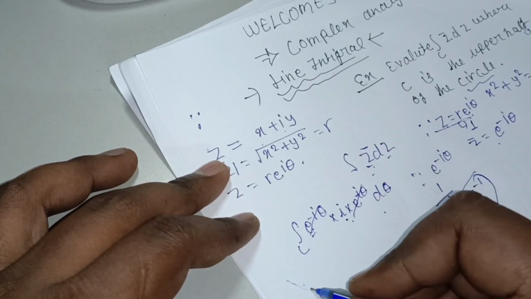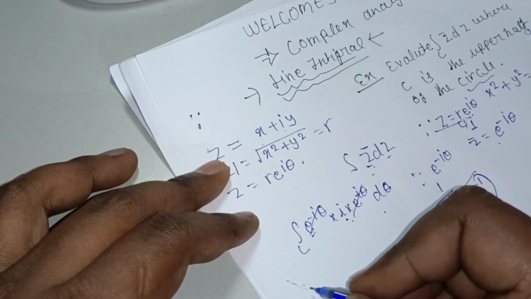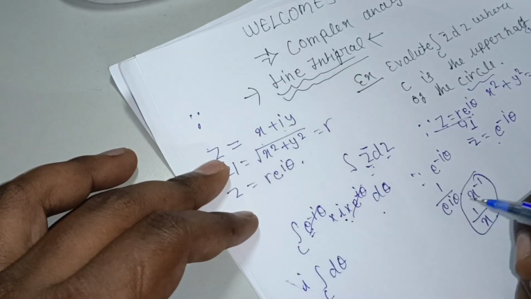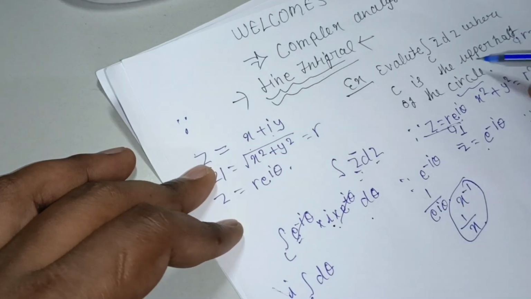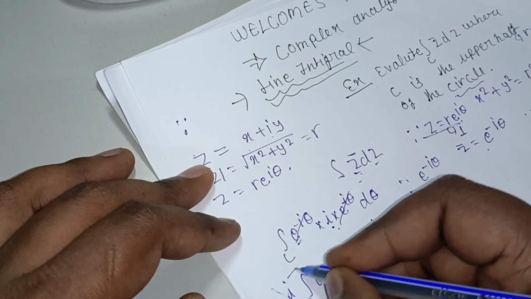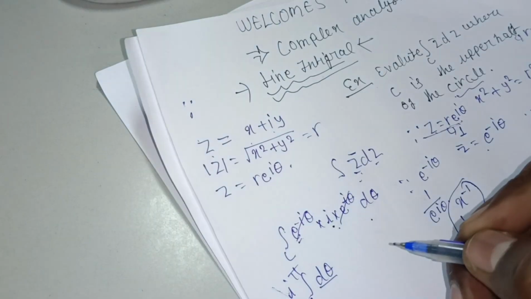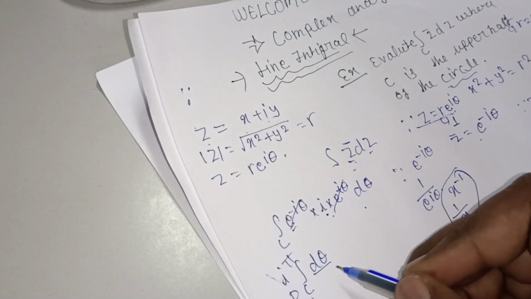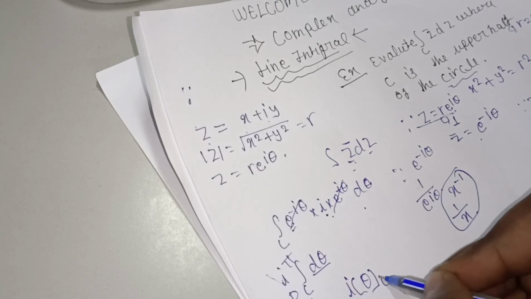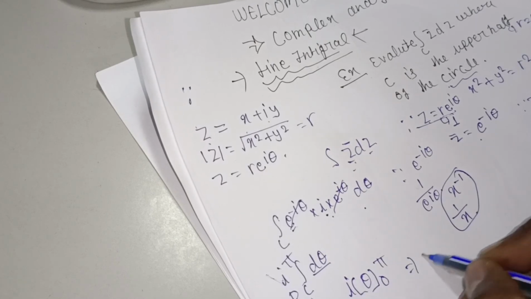So iota is a constant, so we can take it outside. Now remember, here we are given that it is a circle, the upper half, so the limit will be from 0 to pi. The integration of d theta is theta, and limits are 0 to pi. So the value will be pi iota only.